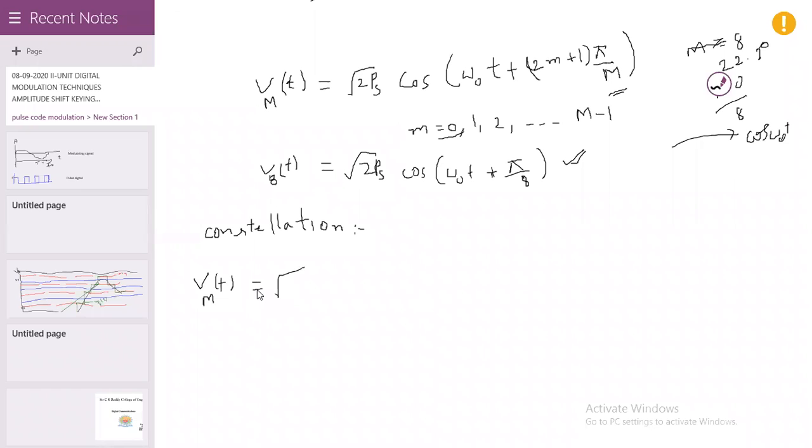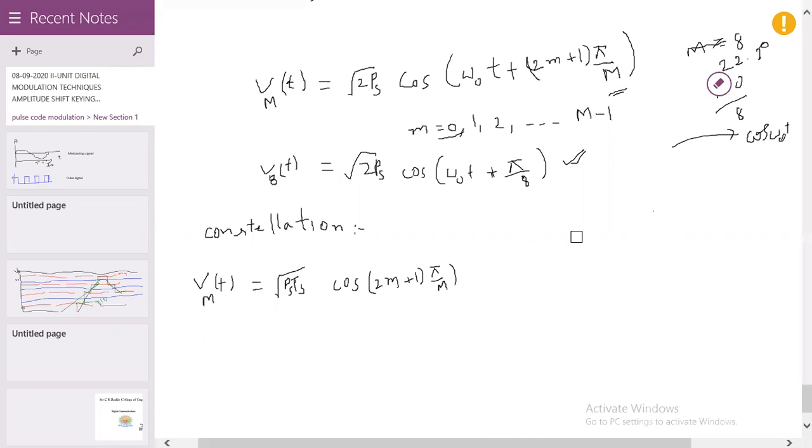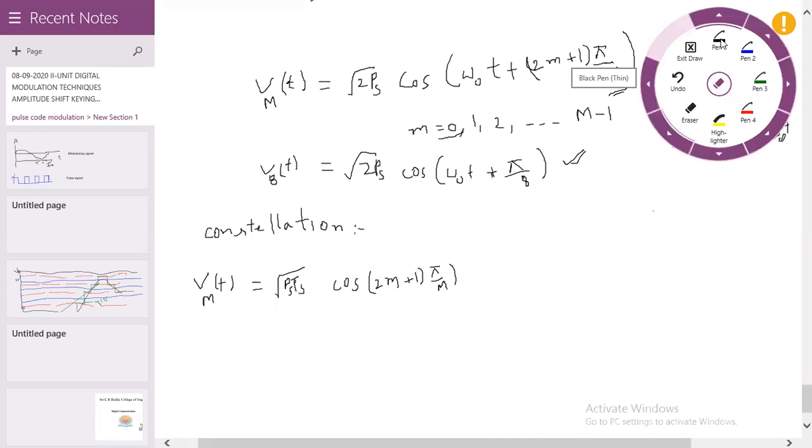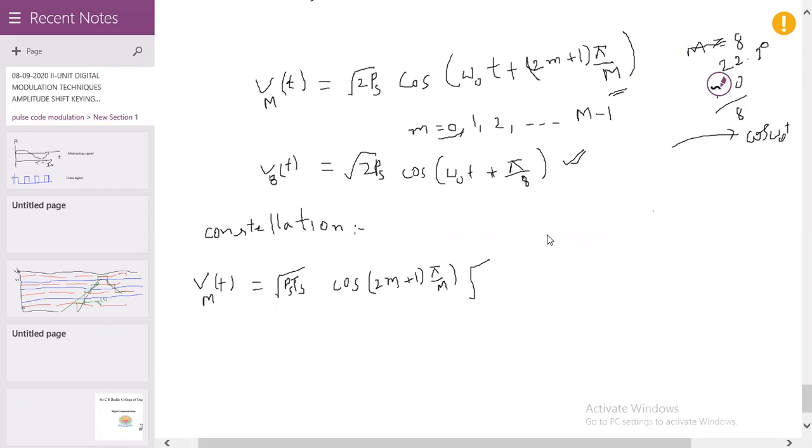Writing in orthonormal coordinates, root of Ps Ts cos of 2m plus 1 pi by m, and parallelly we have to write the equation, root of 2 by Ts cos omega naught t.